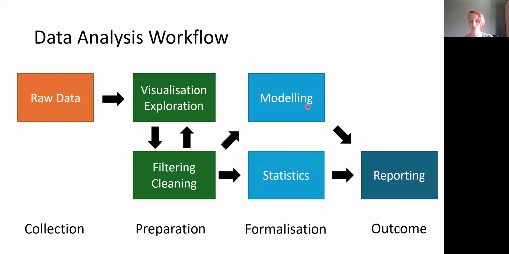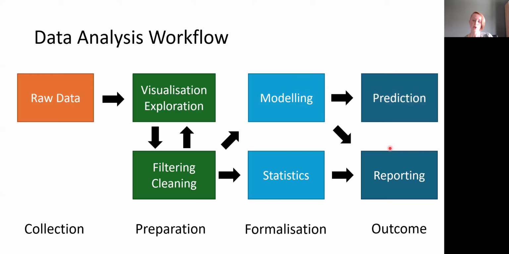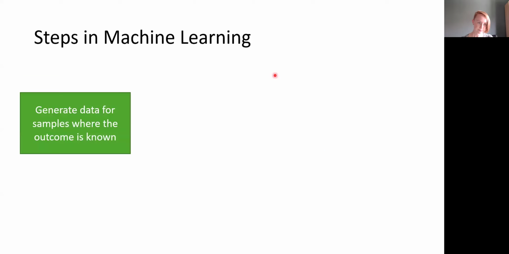So it might just be that we are interested in showing that our predictors of interest can predict whatever our outcome is. And so that might be what we report. But for the most part, with modeling, we want to make predictions. So we want to make predictions where we don't necessarily know the outcome, so we can use it in this kind of setting.